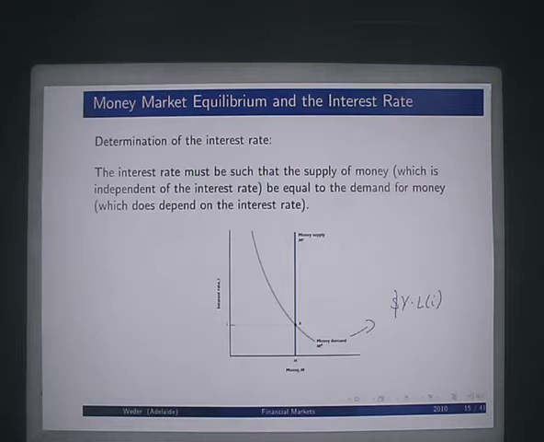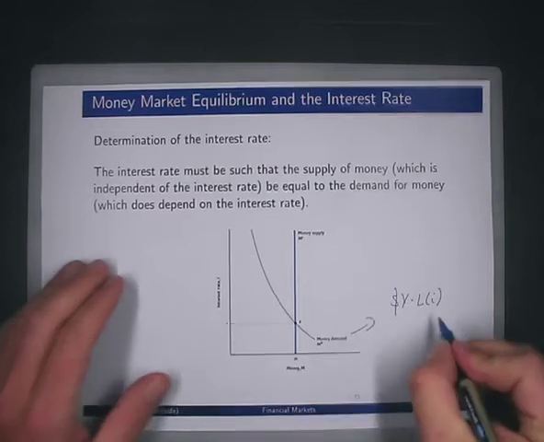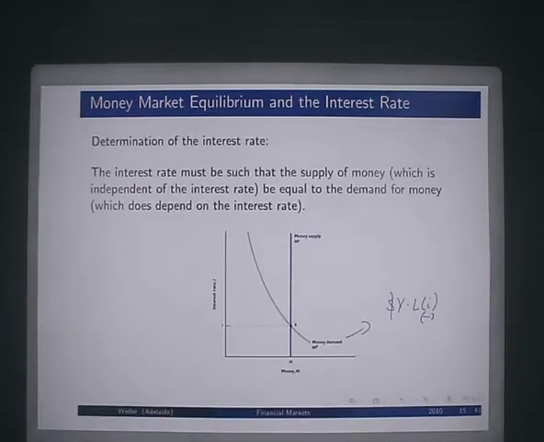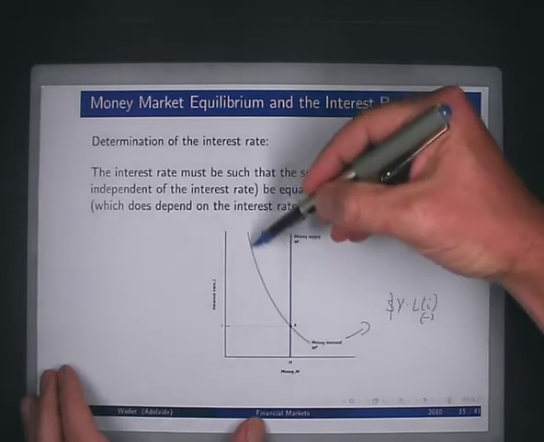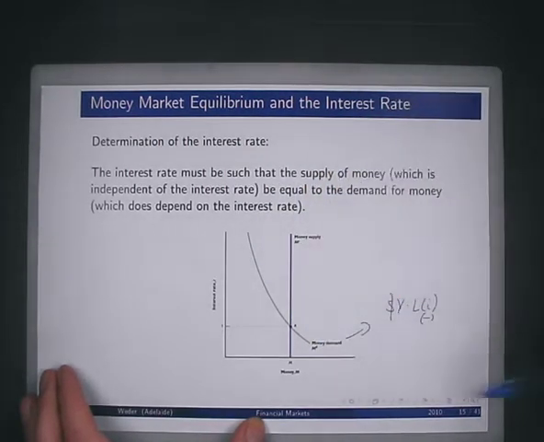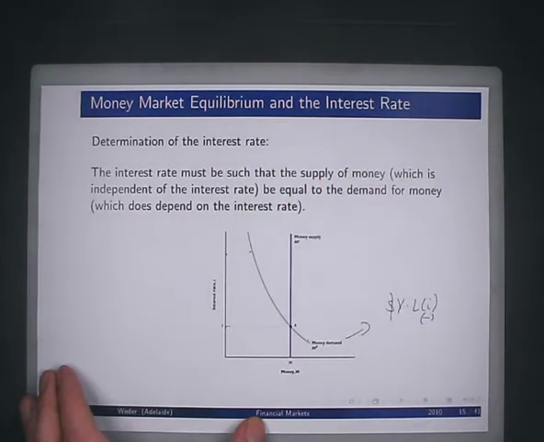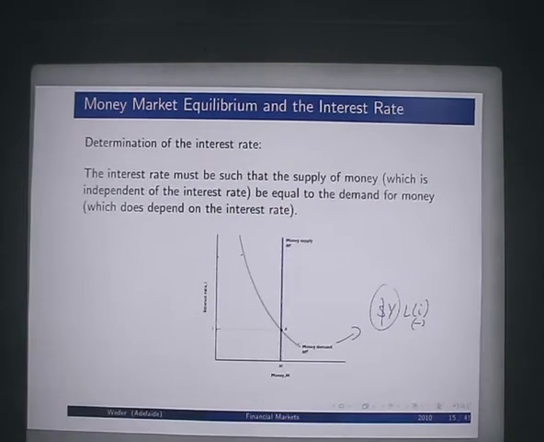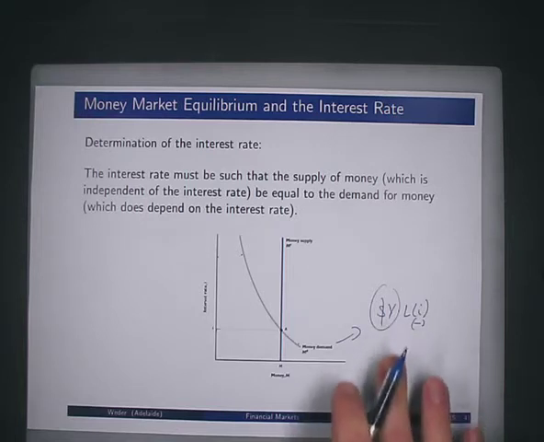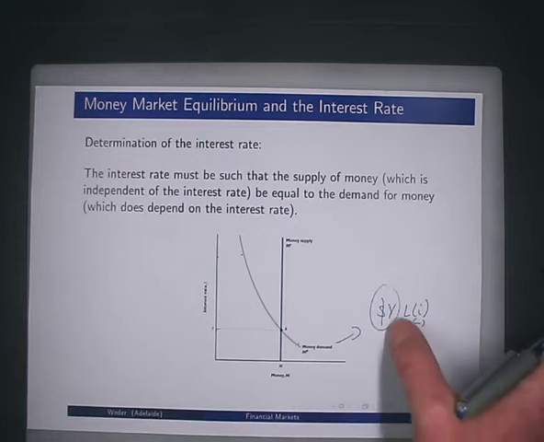Okay, so if the interest rate goes up, the money demand goes down. And this is shown here as this downward sloping curve. Okay, so the interest rate is low, demand is high; interest rate is high, demand is low. And as already said, money demand is proportional to the level of transactions, which is here assumed that every transaction in this economy is somehow done by using money.